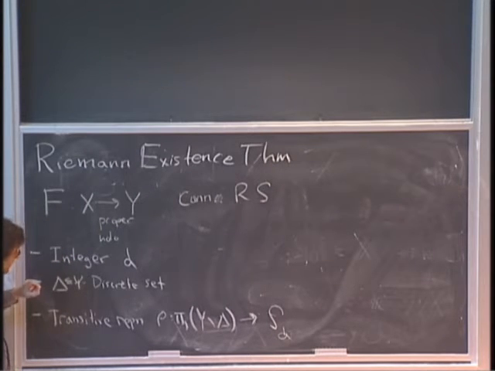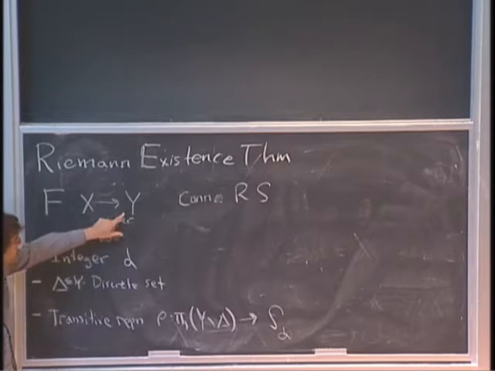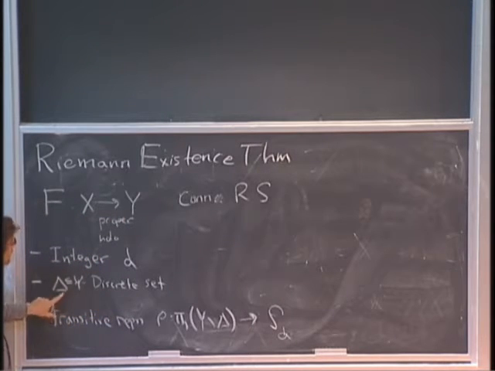So one way of understanding this representation is, for example, fix a point in Y away from this set delta and look at the preimage. That consists of d points.